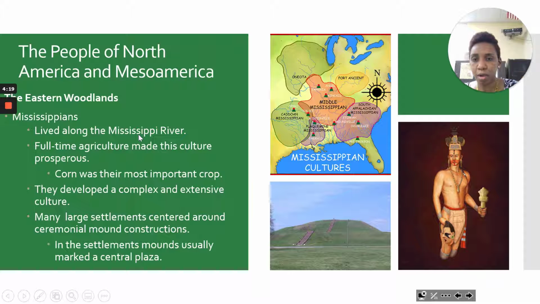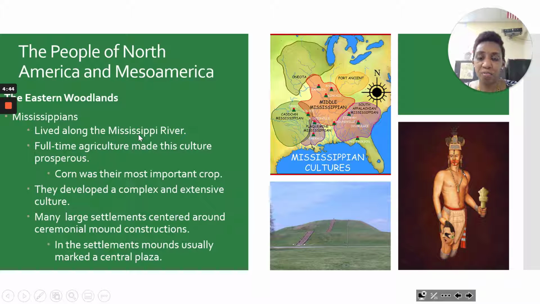Here we have the Mississippi River Valley. In the African kingdoms, a lot of those West African empires were along the Niger River and the Senegal River. What is a key element between all of these tribes in terms of where they settle? Put it in Edpuzzle and I'll give you the answer in a minute.